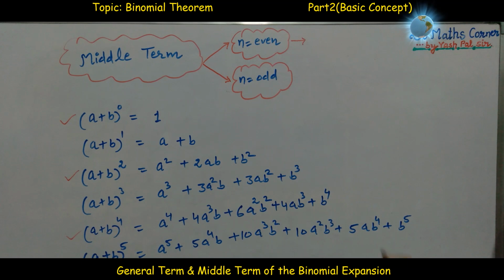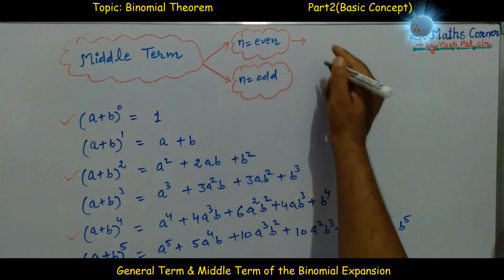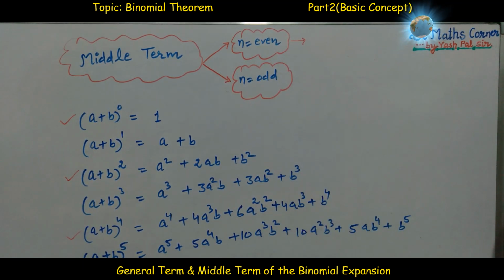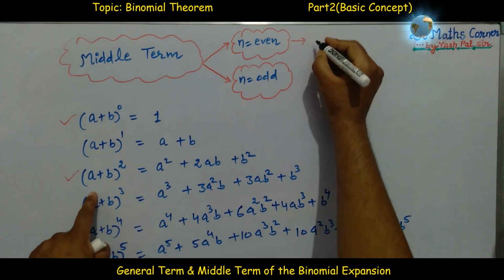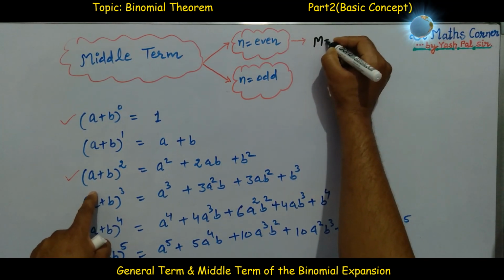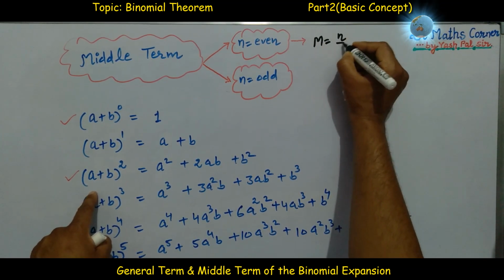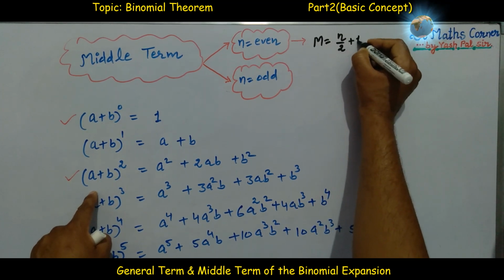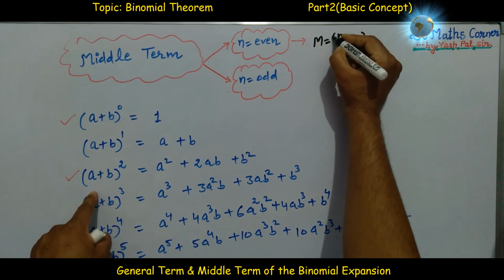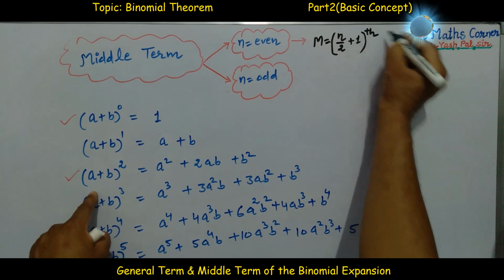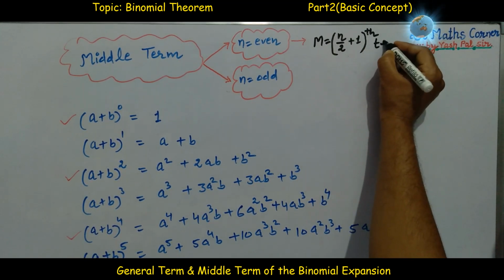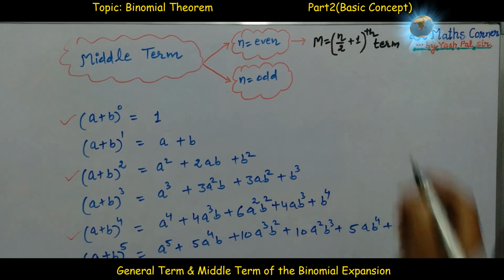Now consider the first case, when n is even. So what we can say here, we can say that middle term m is equal to (n by 2 plus 1)-th term. This is called middle term.